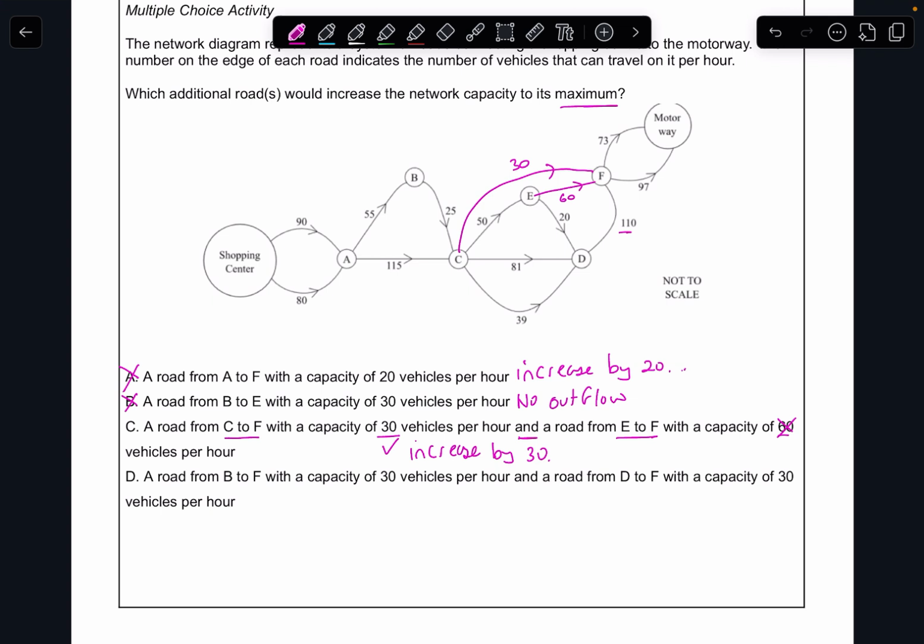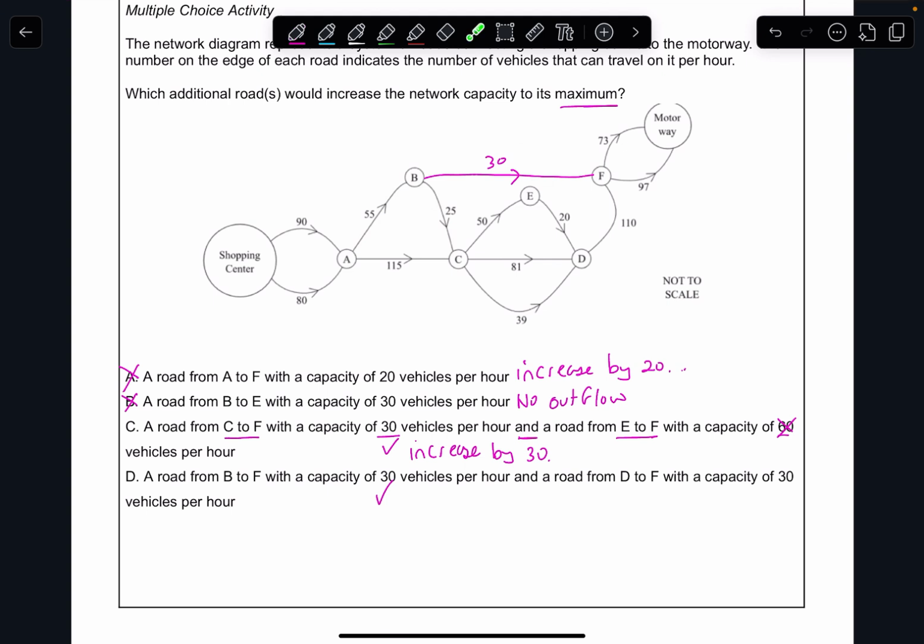Okay, let's try the next one and see what it does. Let's get rid of this. Okay, so the next one says a road from B to F with 30. So let's go B to F with 30. So we already decided that had 55, 25. So that 30 is good. We do want that. So let's take that plus 30.